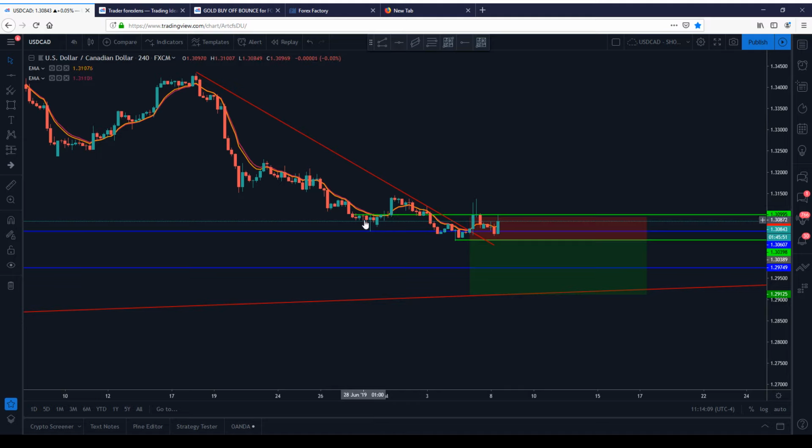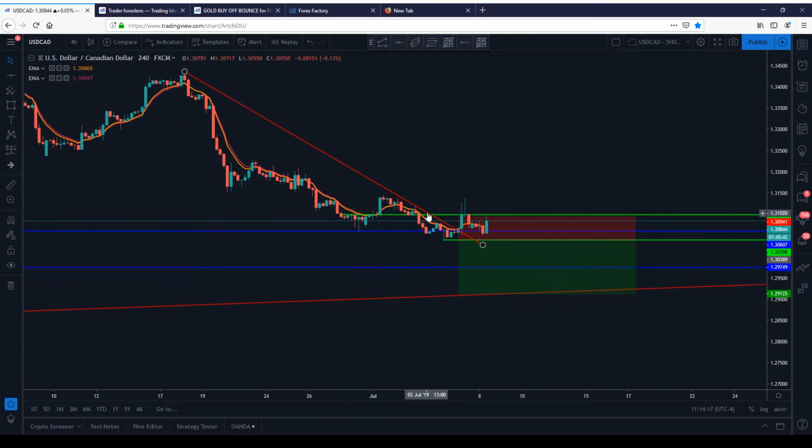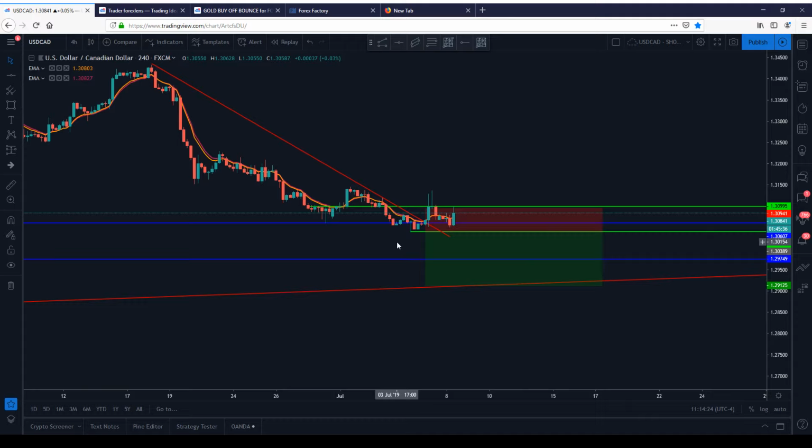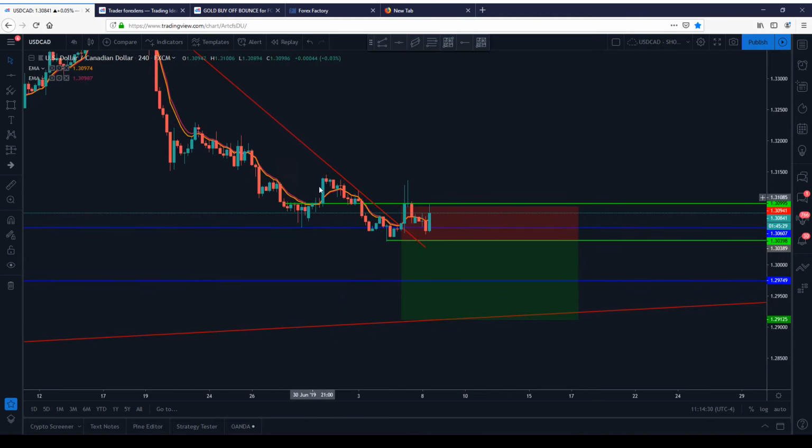We had some buyers come in at the support at just under 1.31 thousand, and then we respected this trend line, came back down, and now we're floating at support at the 1.31 thousand area.